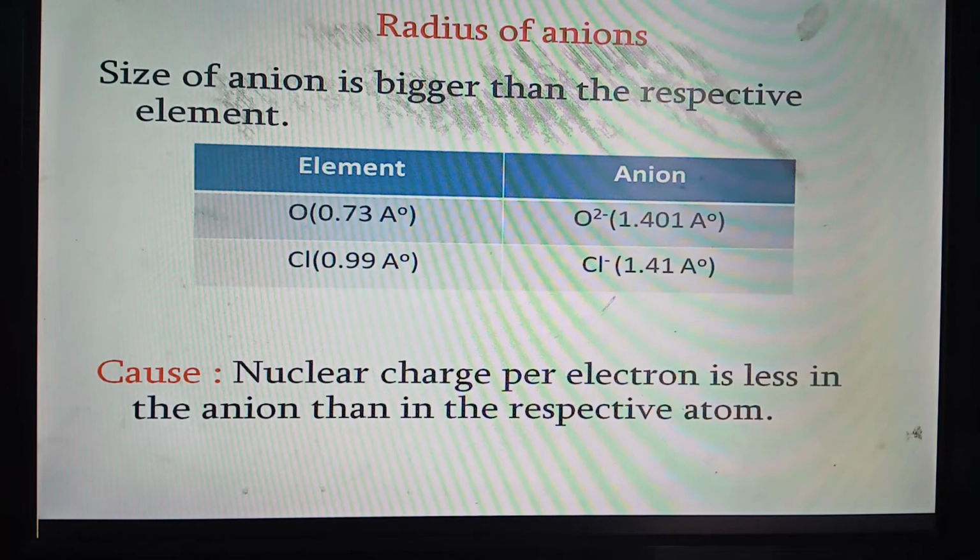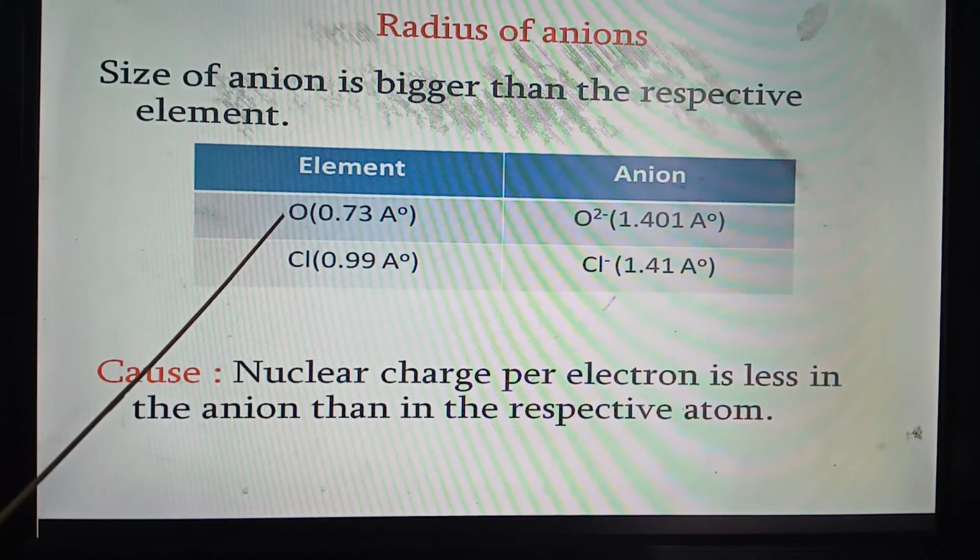What about the radius of anion? When an element becomes anion, it receives electron. By receiving electron, it gets the electronic configuration of the nearest inert gas. For an example, oxygen. Oxygen contains 6 electrons in the valence shell.